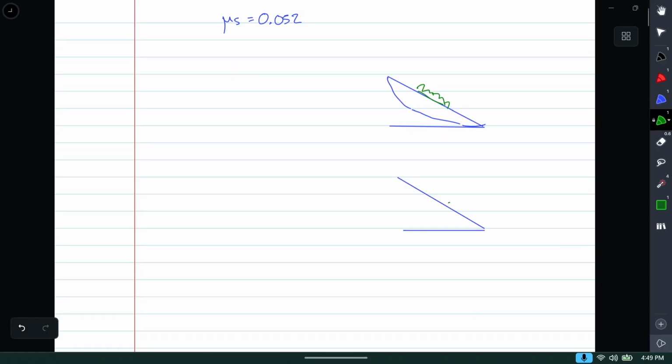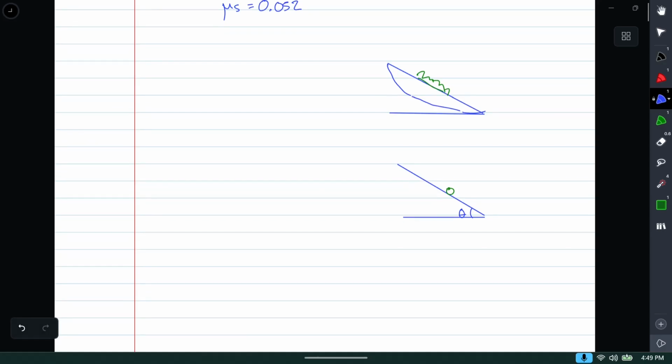So I'll simplify down to a ball on a ramp. If the coefficient of friction between that ball and the ramp surface is 0.052, what's the smallest angle theta at which this ball will start to roll down or slide down? So I need to know the forces on the ball. It'll be its weight. It'll be normal force.